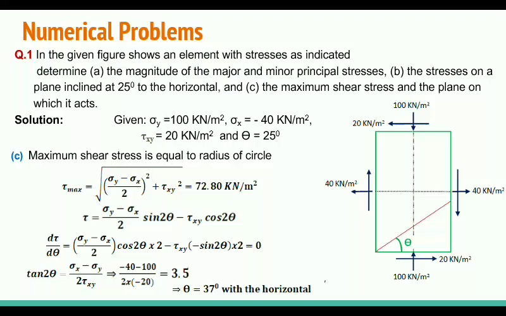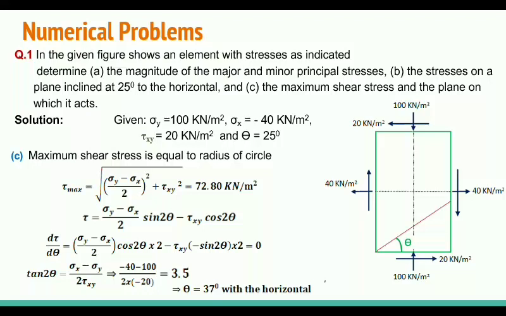So just complete the construction of the Mohr circle. Just look at the 2 points, minor and major stresses, and find the center of that circle, and draw a perpendicular line from Q and from R, and SQ and RT will be equal to tau xy, right?